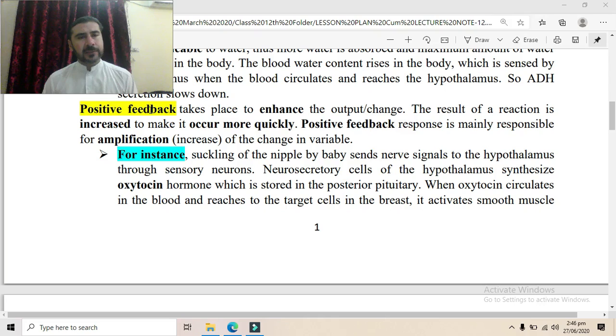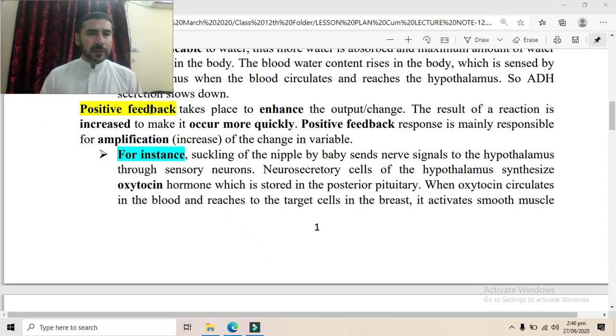Now, dear students, remember that in biology, the term positive means that whenever something is increased, enhanced, or amplified. So positive feedback basically takes place to enhance the output or the change, to amplify, to increase the change, the output.